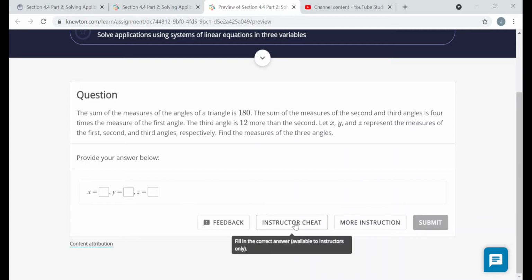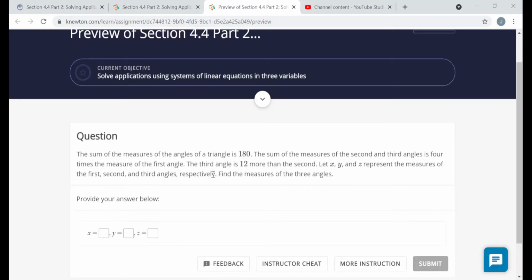You will not see the instructor cheat button. That's only for instructors. But you will see the more instruction button. That's if you're struggling with a question or a type or an objective, click on the more instruction button and some additional reading material or videos will show up that hopefully will help you working on those kinds of questions for whatever objective you're on.